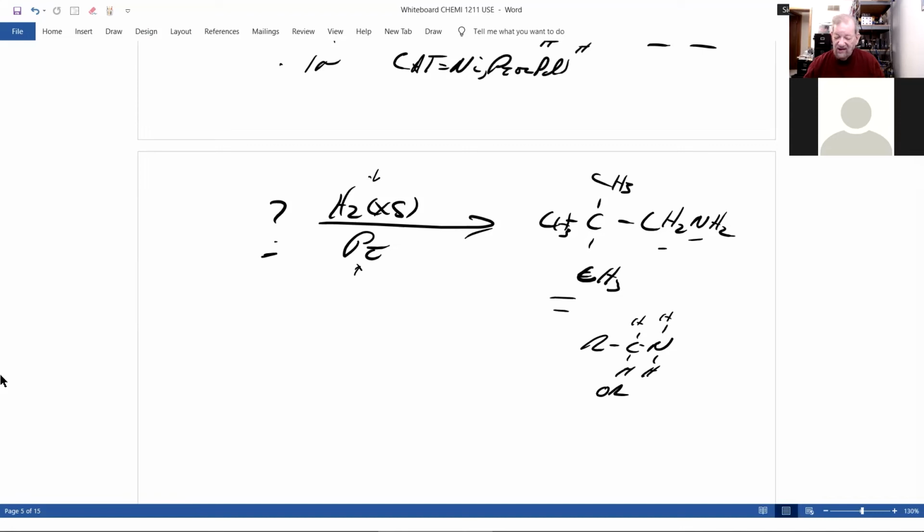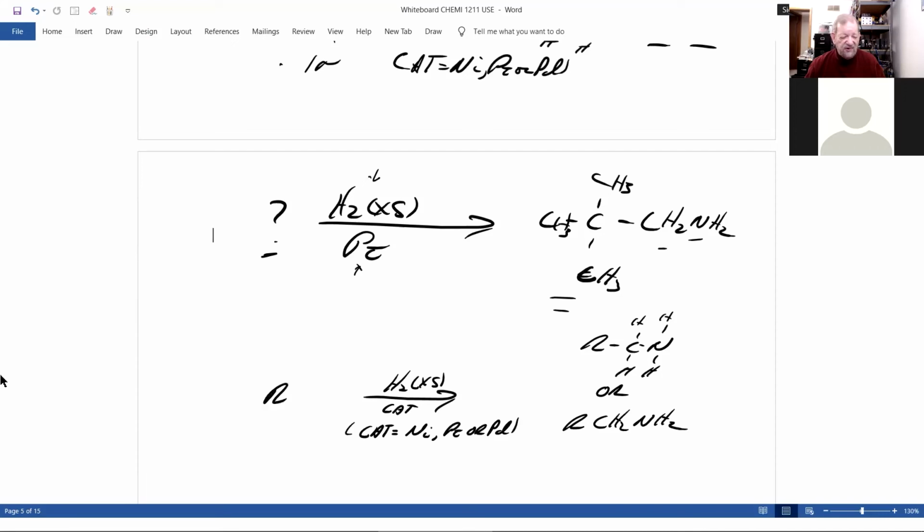Or, as in this problem, I can write like this. And what do we react with hydrogen excess and a catalyst, where the catalyst can be nickel, in this case, platinum, or palladium?